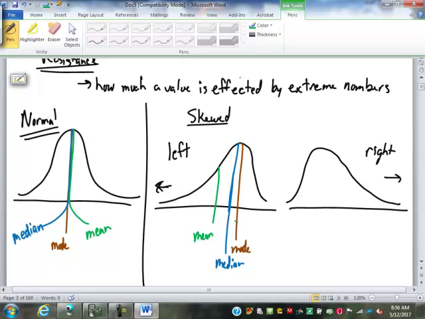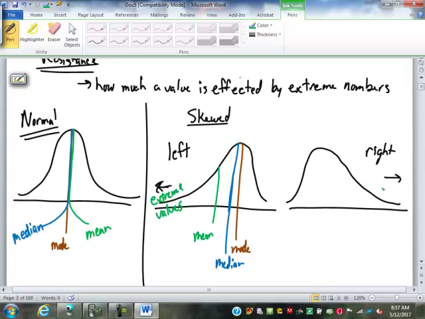So as we were talking before, the mean is less resistant. The skew is caused by extreme values on that side of the graph. So here there's extreme values that are way smaller than the other numbers is what's causing it to be skewed to the left. And that mean is more affected by those really small numbers.